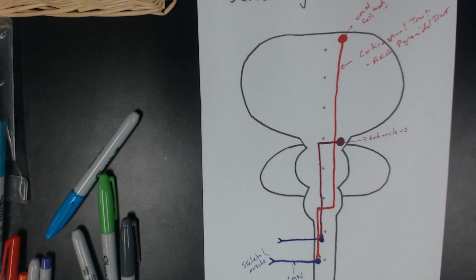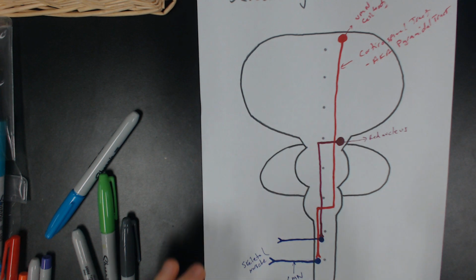Does anyone remember what kind of motion is associated with the red nucleus and the rubrospinal tract? Yeah, that's going to be upper extremity flexion. Good.